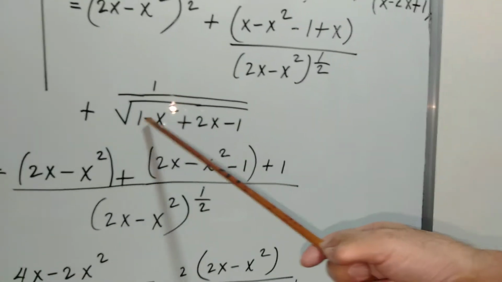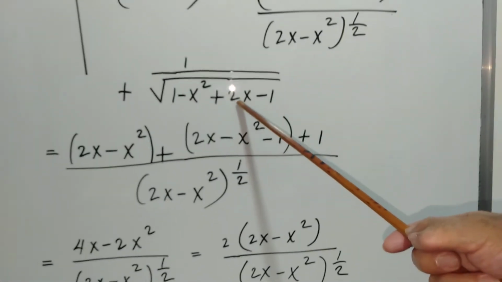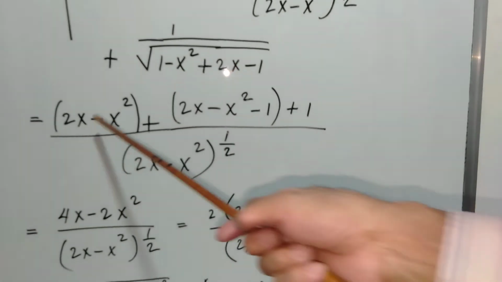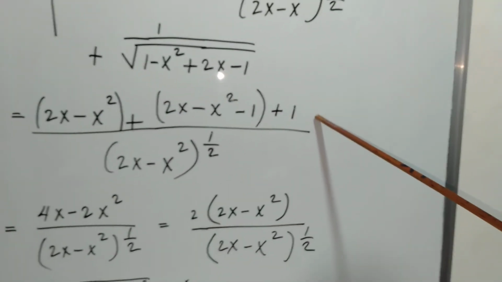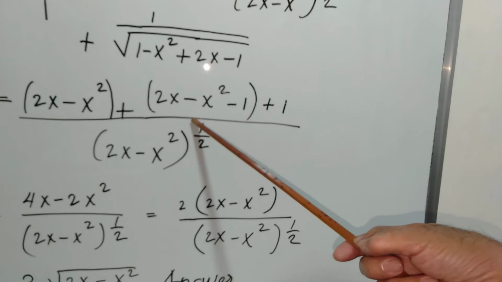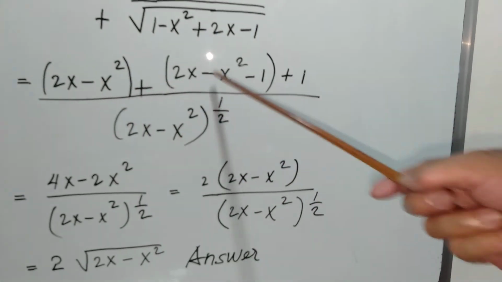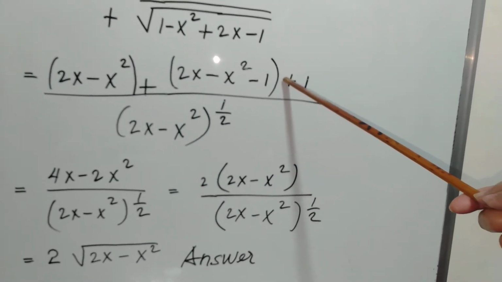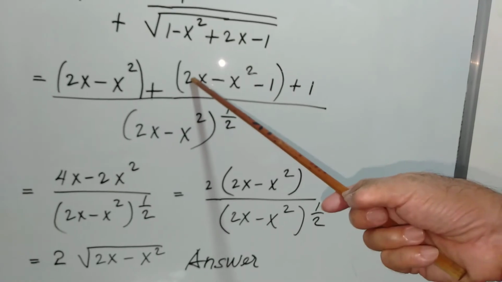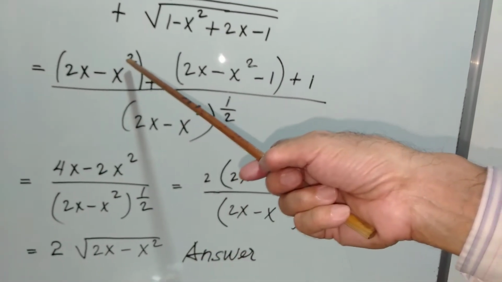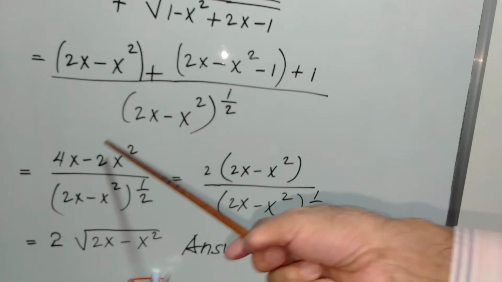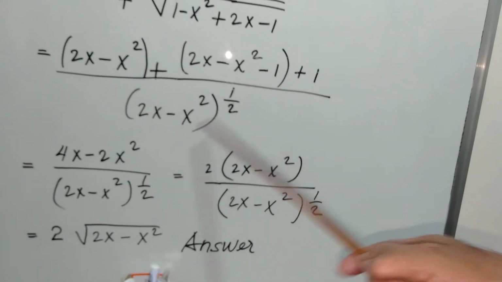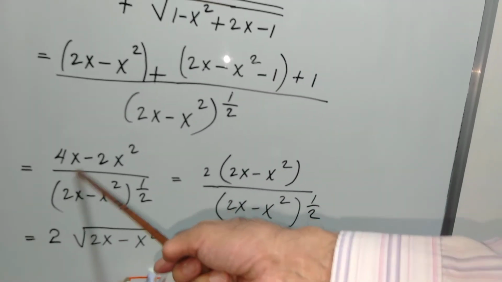So this one is 1 minus 1, and what remains is 2x minus x squared. We combine all three terms in the numerator. 2x plus 2x is 4x. Negative x squared plus negative x squared is negative 2x squared. And negative 1 plus 1 cancels, so that's 0. What remains is 4x minus 2x squared.